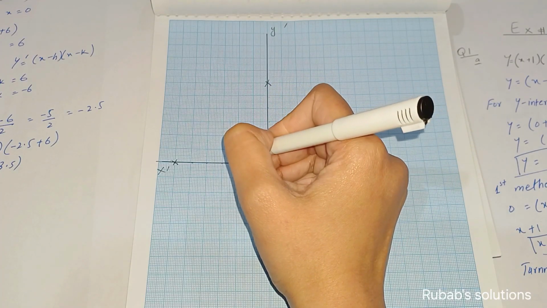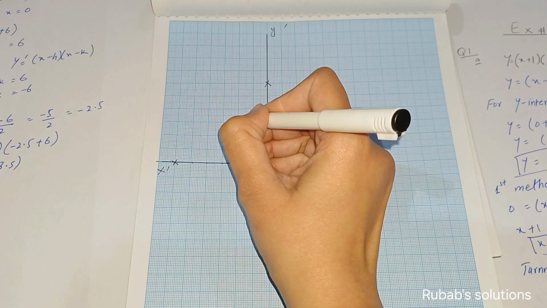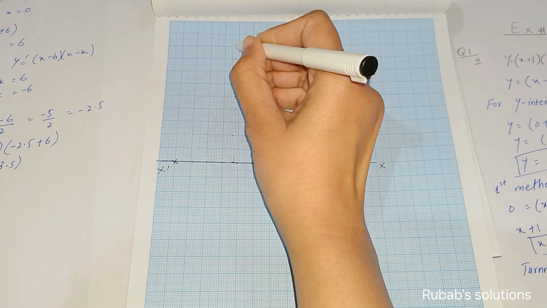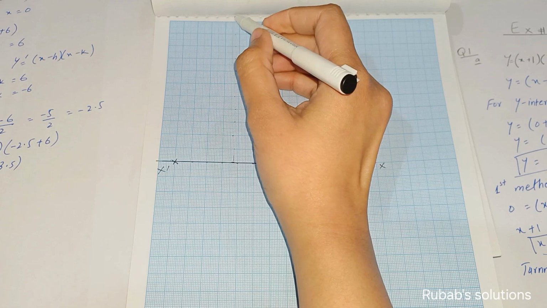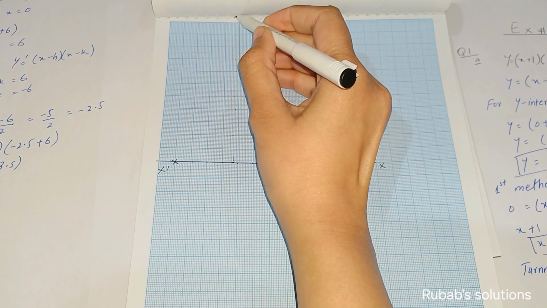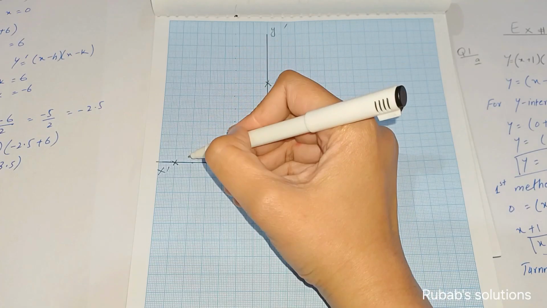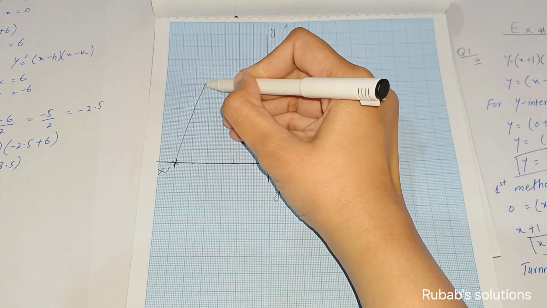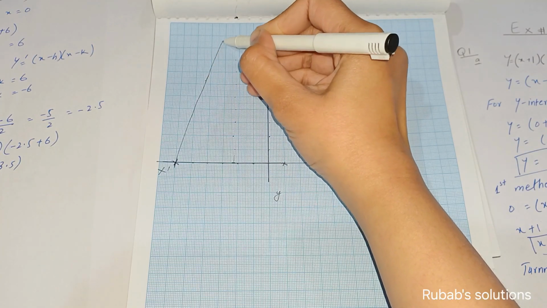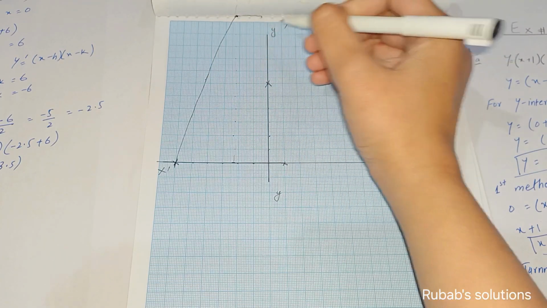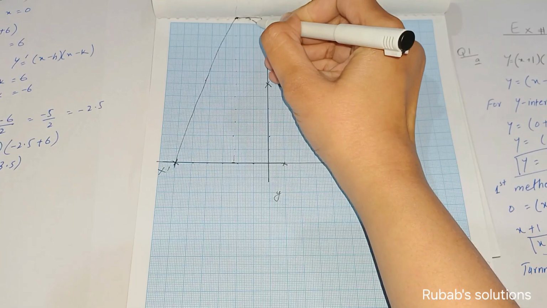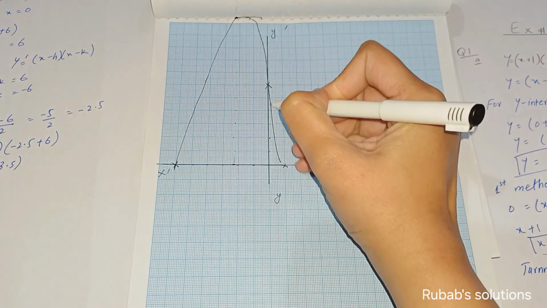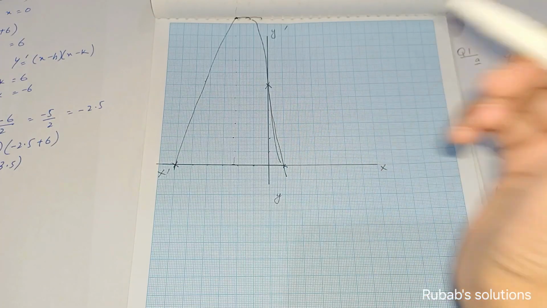So from here it will be 1, 2, 3, 4, 5, 6, 7, 8, 9, 10, 11. Oh my god, so somewhere here it will be, I don't want to draw that again. So I have to join it. Okay, sorry, it will be coming down, and this is my point. Clear?